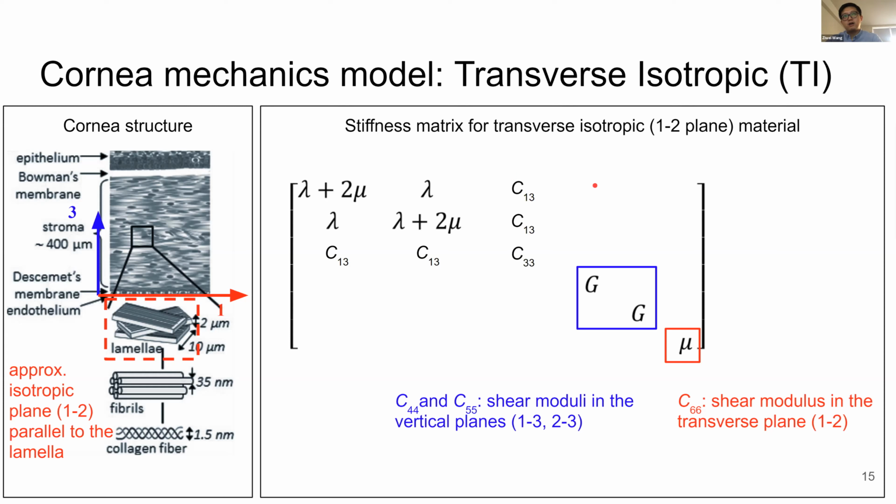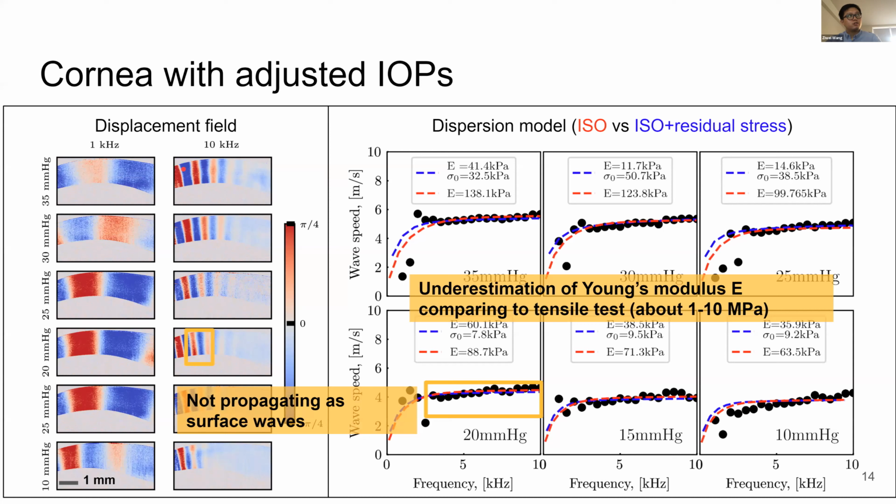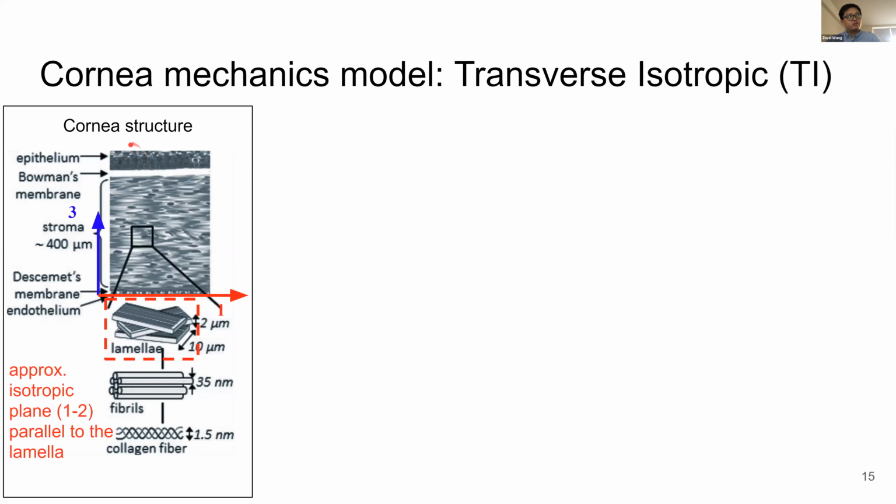So I think physiologically the interface between the epithelium and the stroma may change in the glaucomatous eye. But for our measurements, you have to see that the displacement field or the wavelength is much larger than the scale of this thickness.